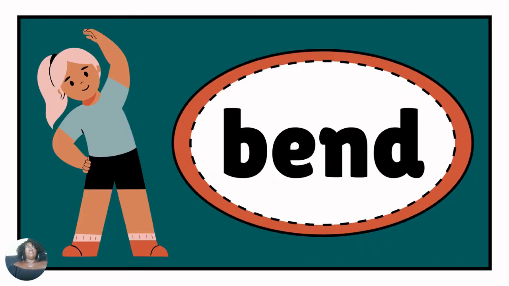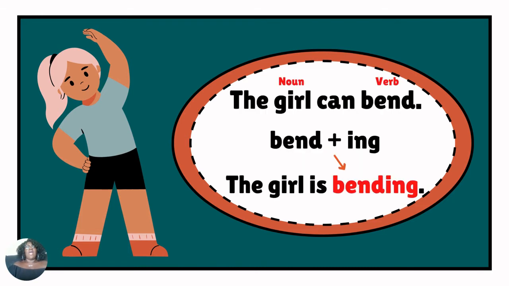Our first action word is bend. For pronunciation, again, bend. Our sentence: the girl can bend. Girl is the noun. Bend is the verb.